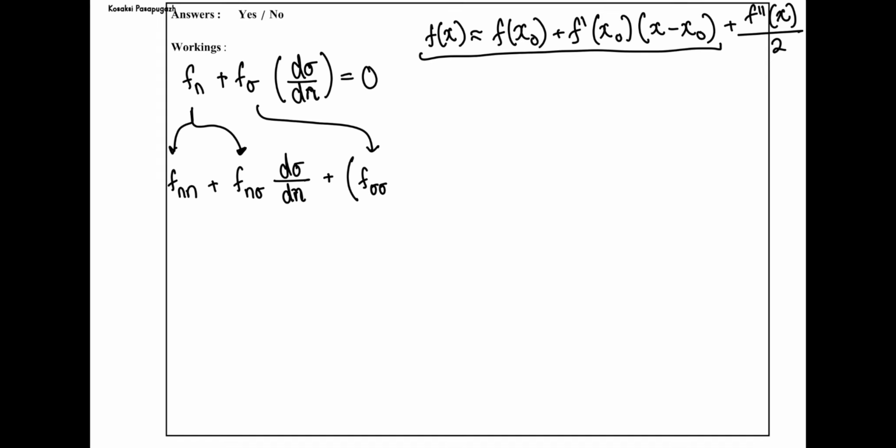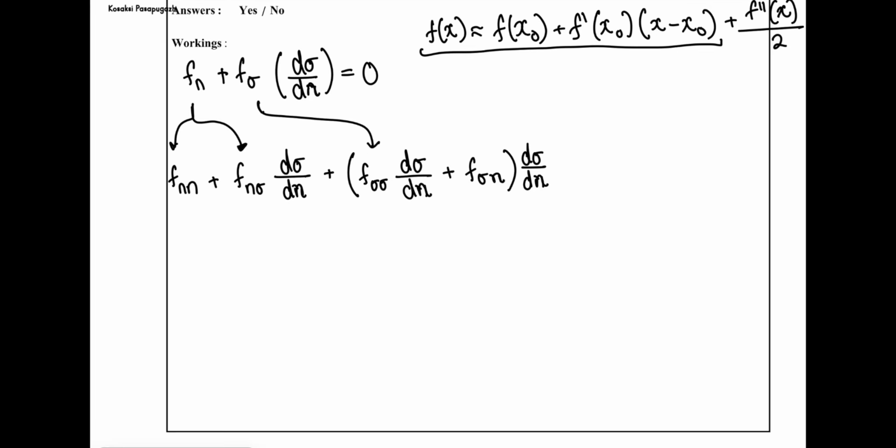And because we're differentiating sigma, we get d sigma over d eta, plus this with the derivative of sigma eta. And all of this is going to be times d sigma over d eta.